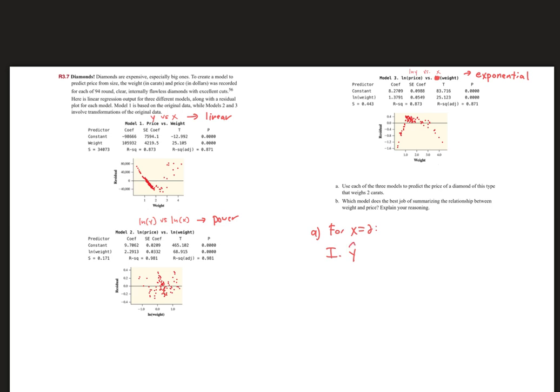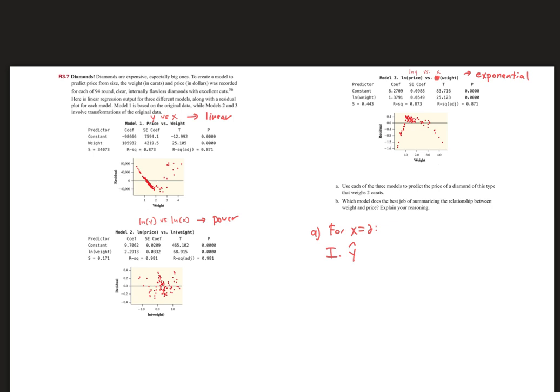So notice, here I'll highlight, this negative 98,666 is the y-intercept, and this 105,932 is the slope.